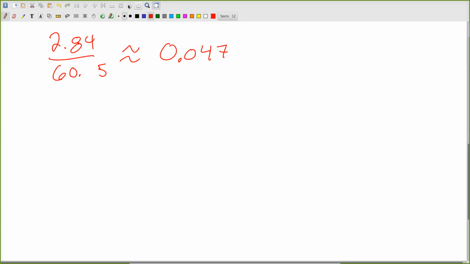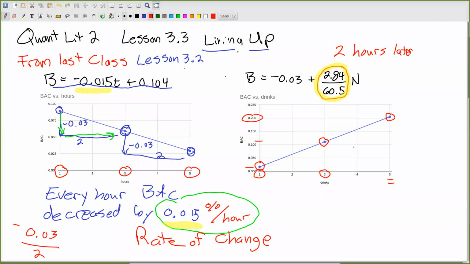So if we look back at the graph here, we're calculating the BAC. So that's the result of this calculation here in this equation. That's the answer. We're plugging in the number of drinks.